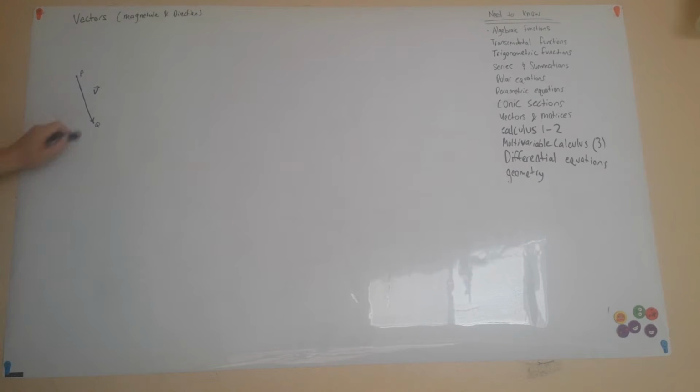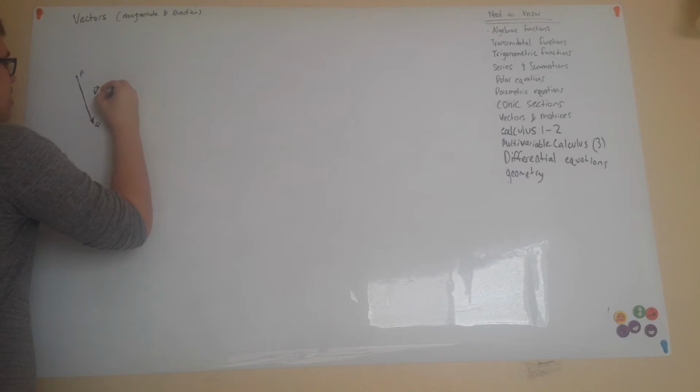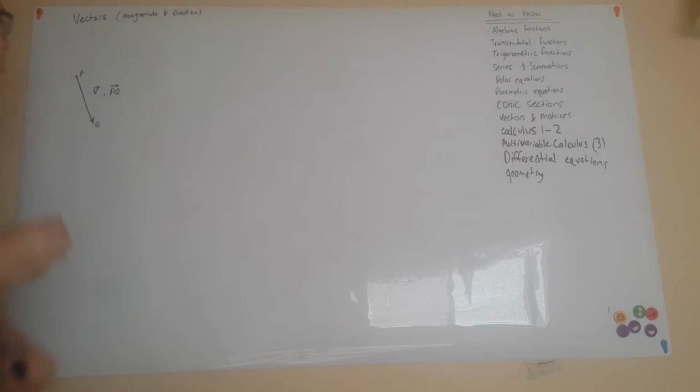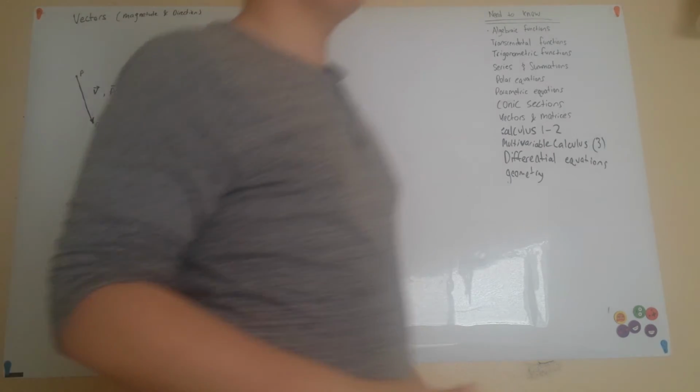That's just saying it's a vector. Another way of writing a vector is by kind of putting together their initial and terminal points. So we can also write this as vector PQ. We can also write it like that. Either way is fine. So that's a takeaway.